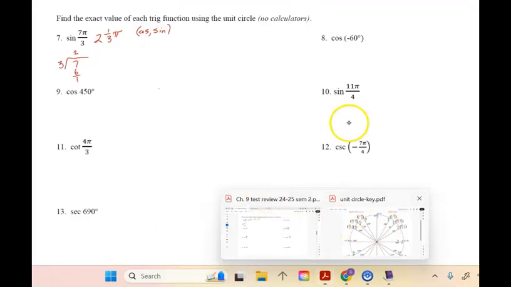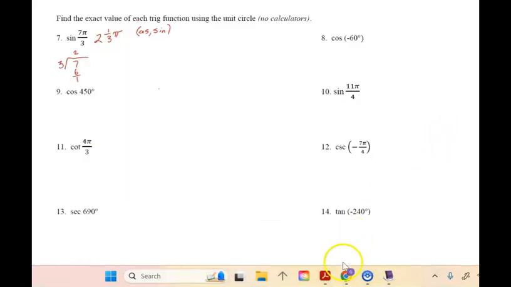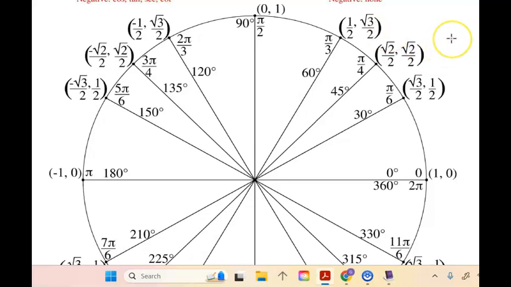So let's go to our unit circle. And let me get that pulled up for us. Okay. So if you were drawing 2 1/3 pi, well, you would just take your pencil eraser and trace out.